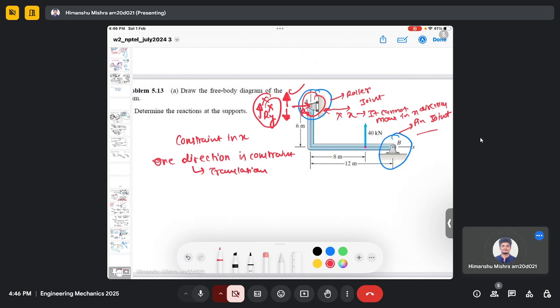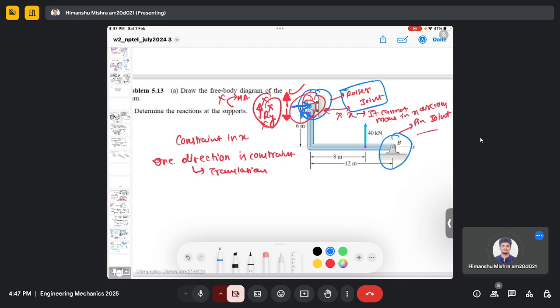And also it can rotate, like a pin joint. So again there is no reaction moment. There is no reaction force in the vertical direction. There is only a reaction force in the horizontal direction. So this was all about the roller joint.